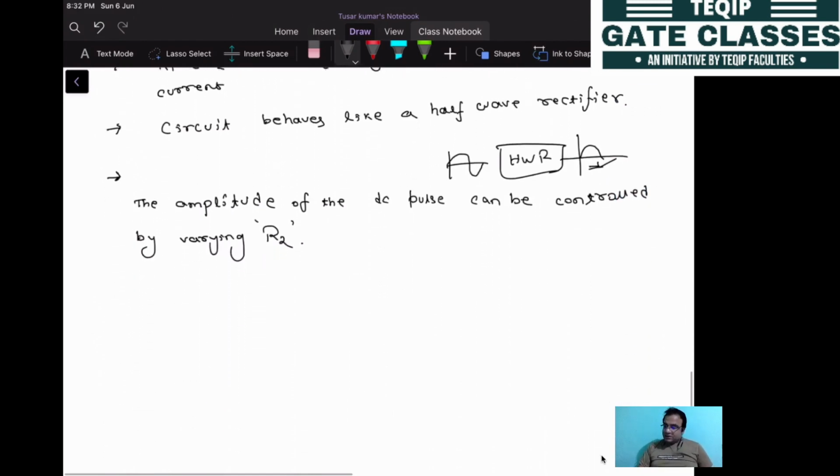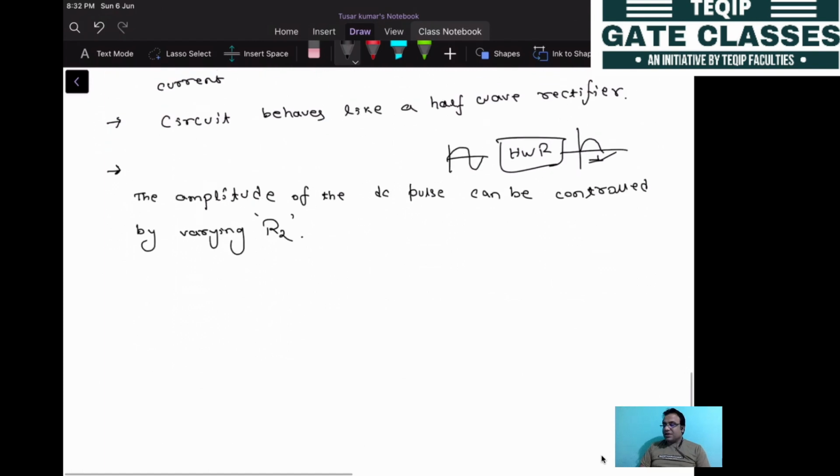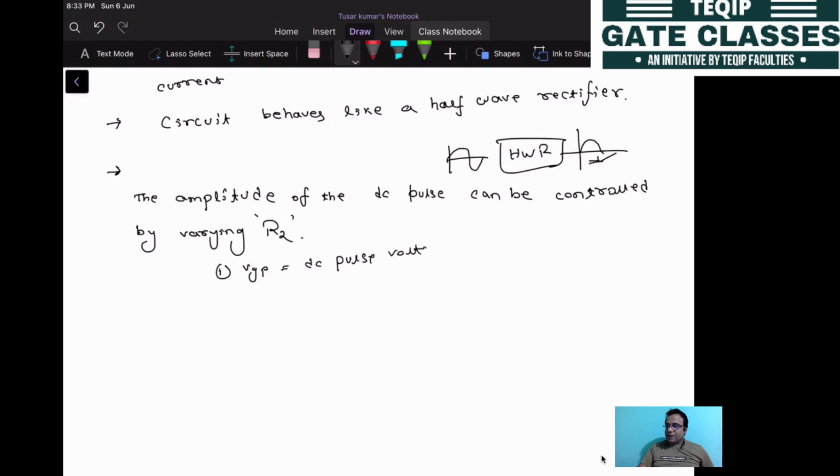Now let's try to analyze what happens exactly. We will consider three cases. So that DC pulse voltage, let it be represented by VGP. It is the DC pulse voltage that will be applied across the gate to switch it on.